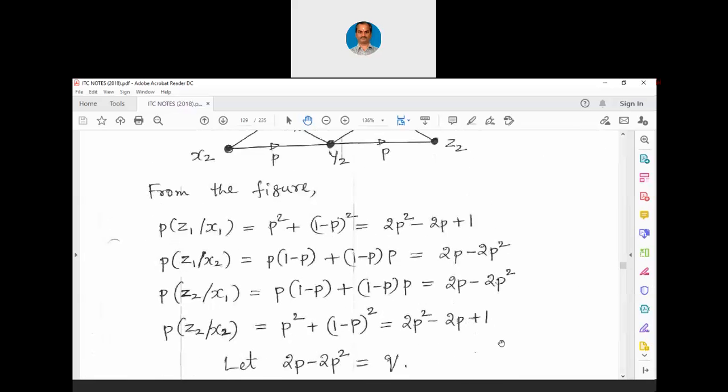So now just to simplify our job, let us denote 2p minus 2p square equals q, because it is common everywhere. You can see here 2p square minus 2p and 2p minus 2p square. So we can simply give a symbol q, naturally the other one will become minus q. If we give the symbol 2p minus 2p square equals q, then 2p square minus 2p is going to become minus q.